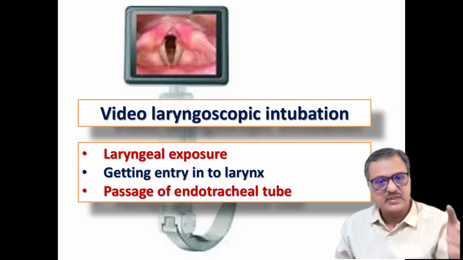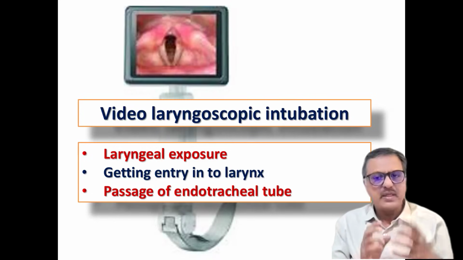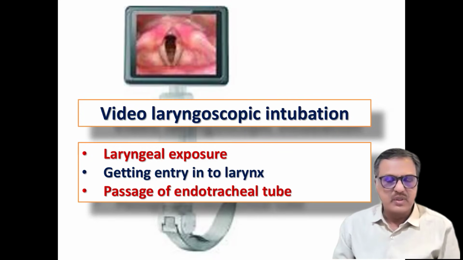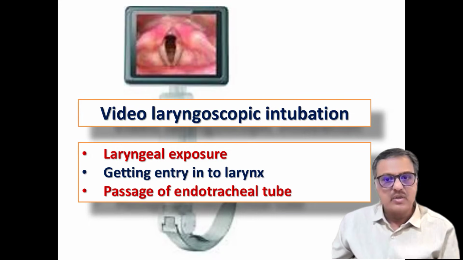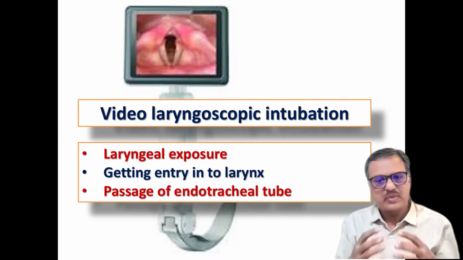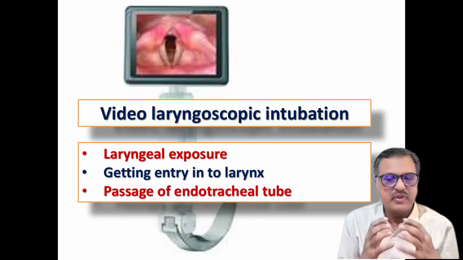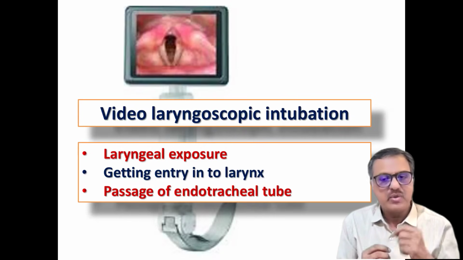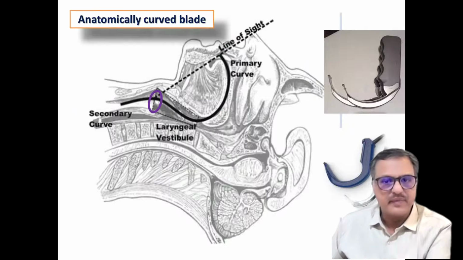That is how it provides the laryngeal view. In today's session, we are going to discuss how to make entry into the larynx and the passage of the endotracheal tube. In most of the evidence, it is mentioned that the view is easier to get with the videolaryngoscope, but getting into the larynx, the intubation, is a bit tricky.